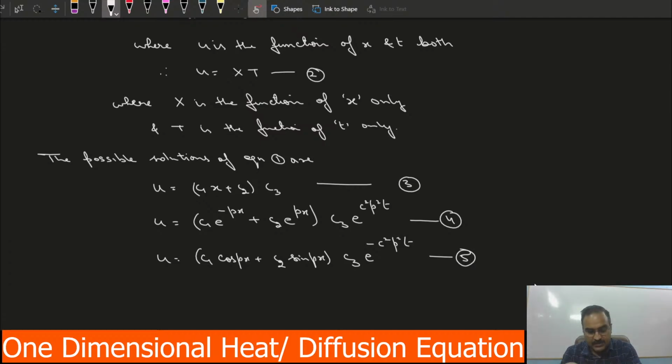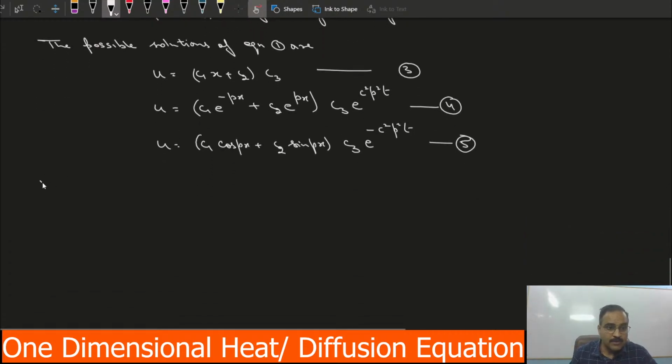Now we know that heat is flowing from one end to the other end, or from one point to the other point. That means there is a flow. So whenever there is a flow, we always move or travel in trigonometric forms. So that means we have equation number 5 as the most compatible equation.